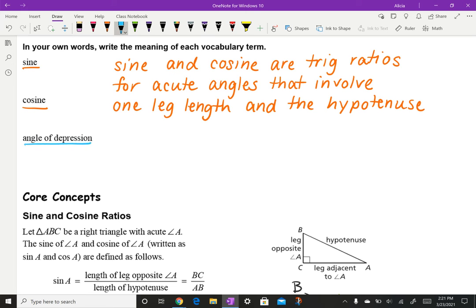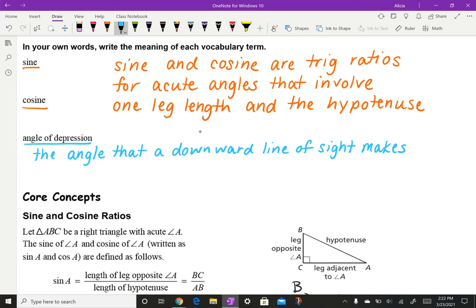So angle of depression is the angle that a downward line of sight makes with a horizontal line. So this one is looking down.